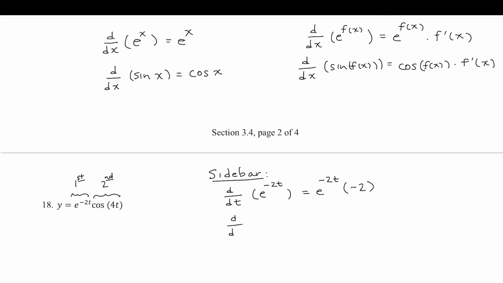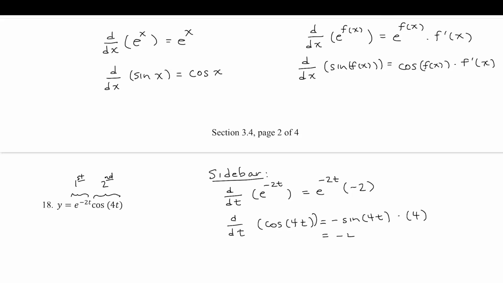Okay, and separately, what if I needed to take the derivative of the cosine of 4t? Well, based on what's in the bottom line there on the right-hand side, just up above, I have to think about the derivative of the cosine function in general is the negative sine function, so I'm going to take the negative sine of 4t, but then the chain rule says I also have to multiply that by the derivative of 4t, which is 4.